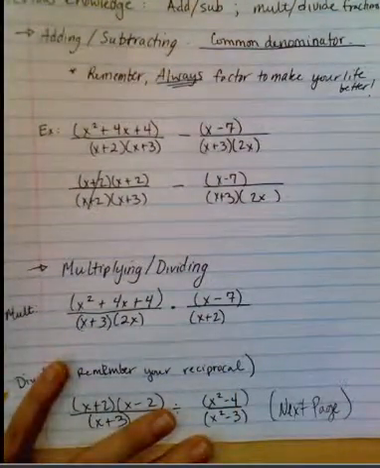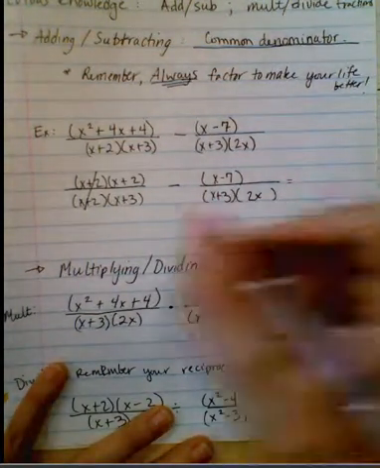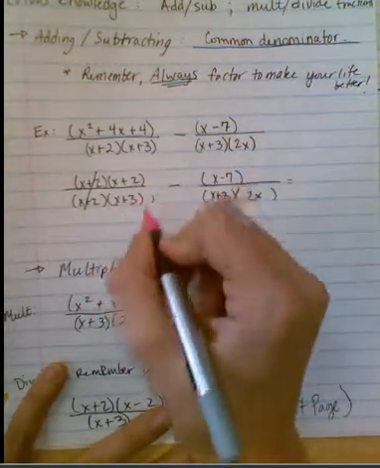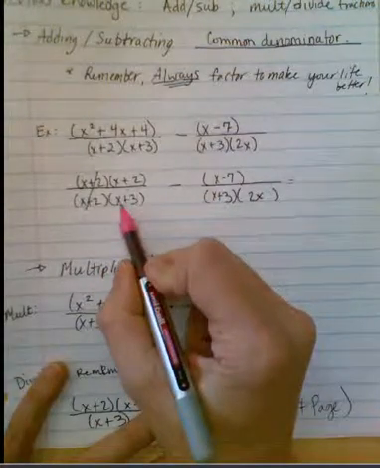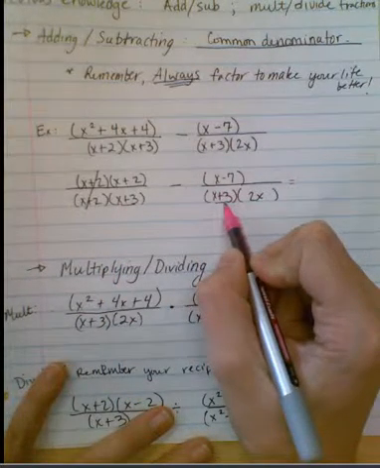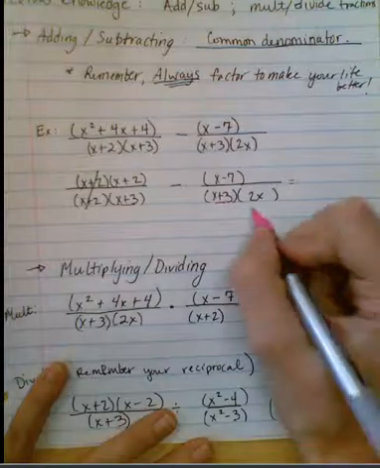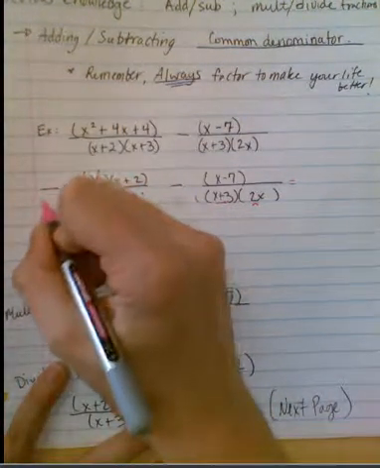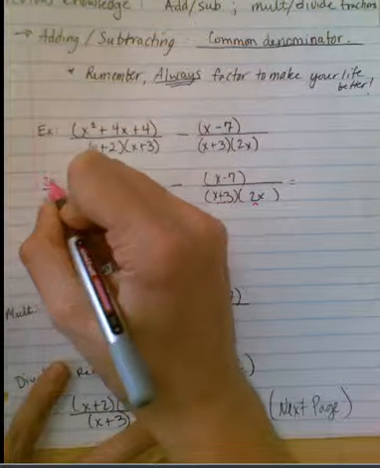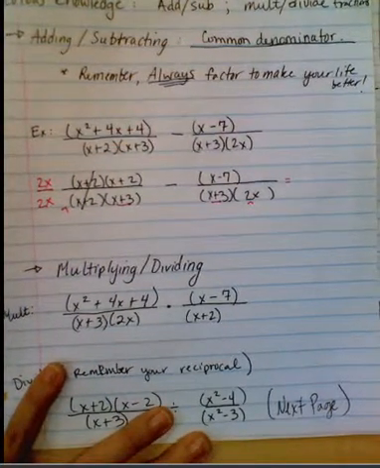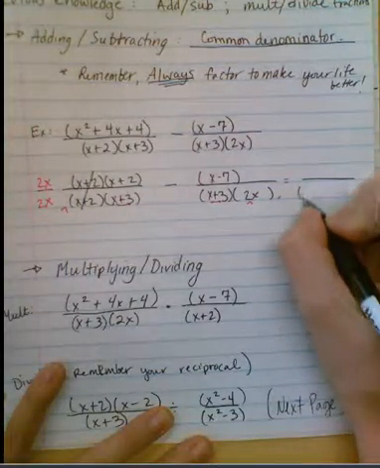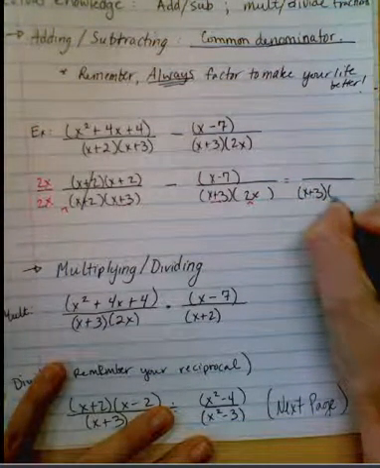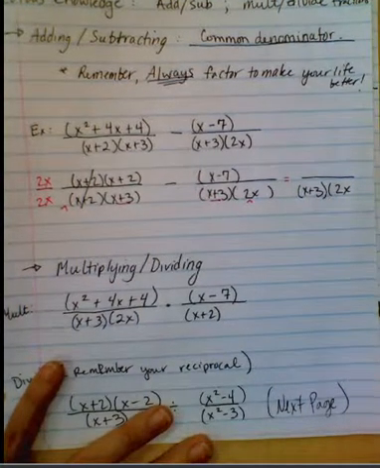What would our common denominator be for our new answer? This side has an x minus 3. Conveniently enough, so does this side. But this side has a 2x and this one does not. So this term needs to be multiplied by 2x over 2x. That gives us our common denominator as x plus 3 times 2x.